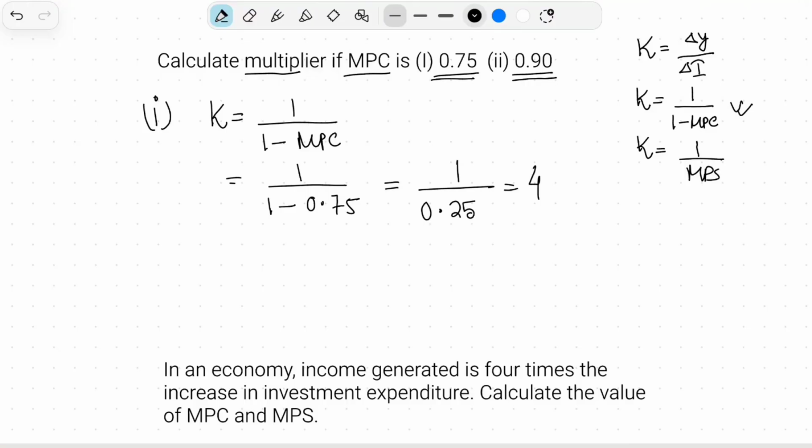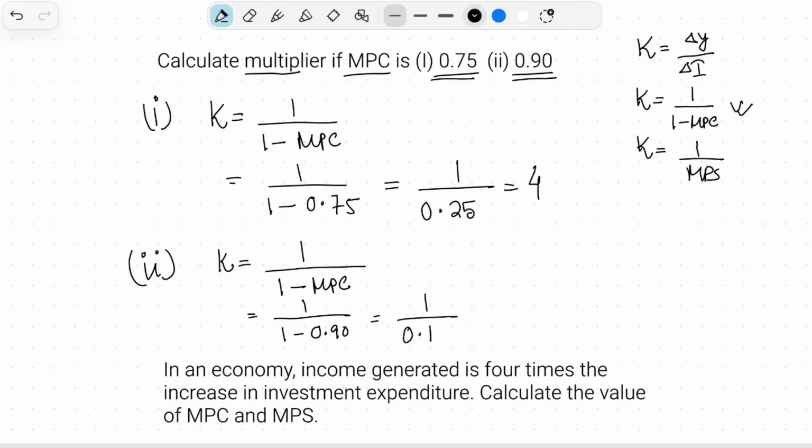So the multiplier is 4. Next, MPC given is 0.90. So again K is equal to 1 divided by 1 minus MPC, 1 divided by 1 minus 0.90, which is equal to 1 divided by 0.10, and the multiplier is 10. I hope you have understood.